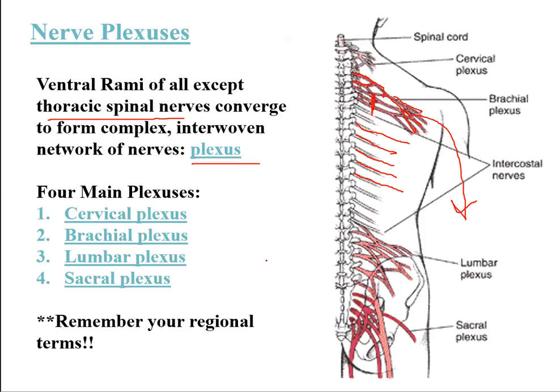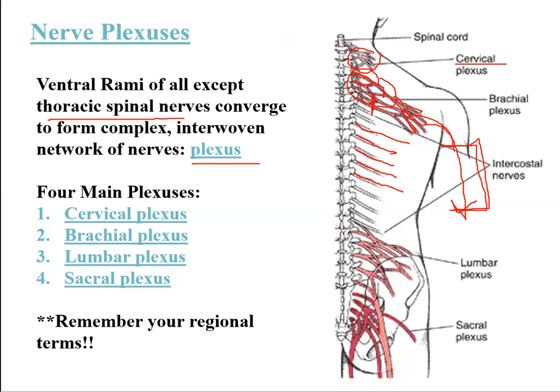Okay, we can name the four main plexuses according to where they are in the body. Remember, I told you that those regional terms would be important, and really they just keep coming back. In the cervical region, go figure, we have the cervical plexus. In the brachial region, the brachial plexus sends information to the brachial region. And remember that that is the upper arm.